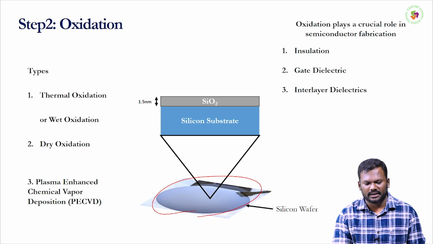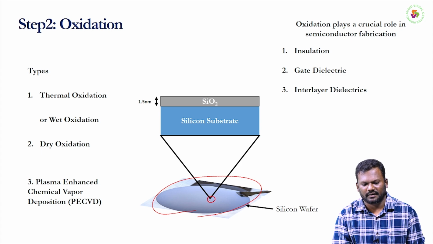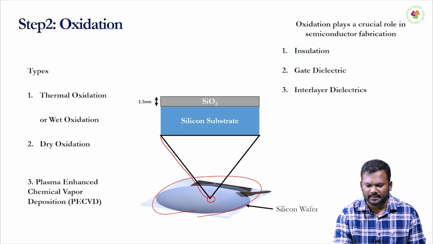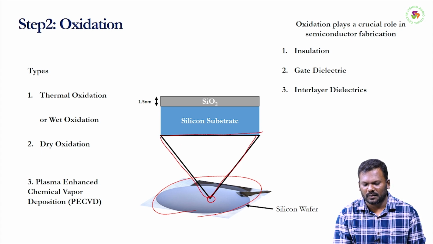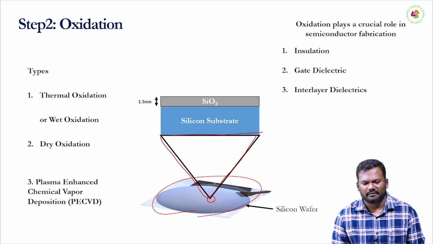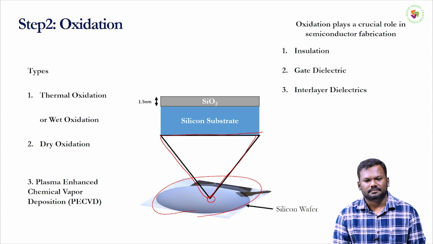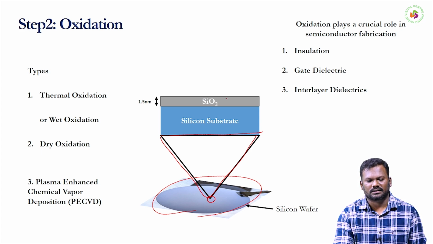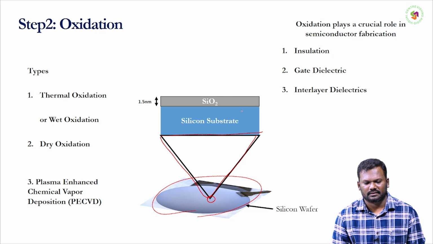If I zoom into a small portion of this silicon wafer, I have zoomed it here. So this is a small portion of the wafer where I have grown silicon dioxide on top of the substrate. So basically the silicon dioxide is grown on the surface of the substrate.